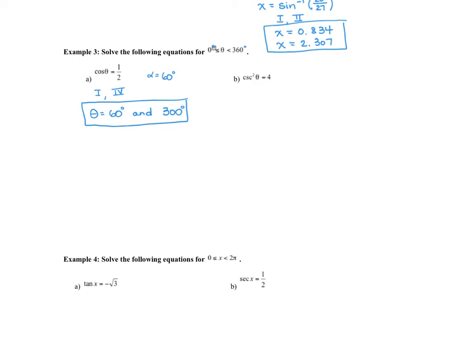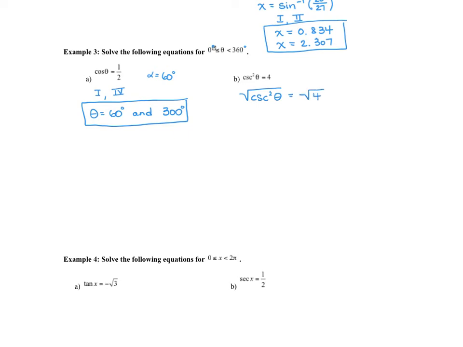In the next example, we just have to remember that when we take the square root of both sides, this says, what is the cosecant of theta squared? If I use that like in parentheses, squared. This is just another way to write that. So I need to take the square root of both sides. So I'll take the square root of the cosecant squared of theta, and I'll take the square root of 4.